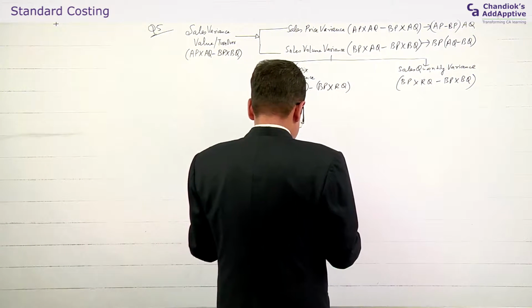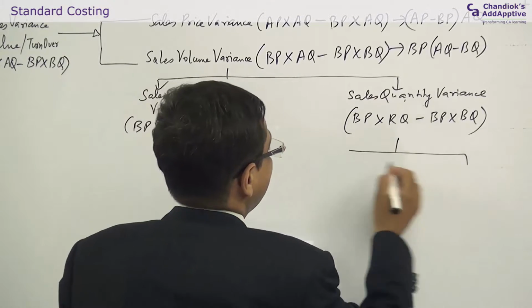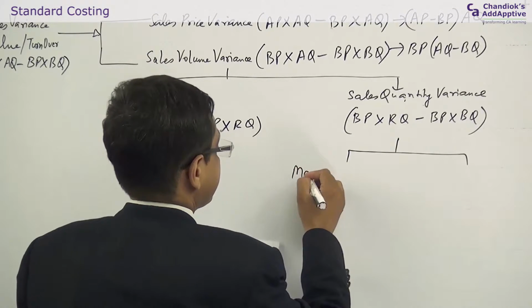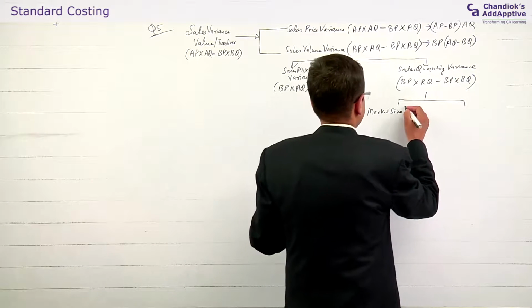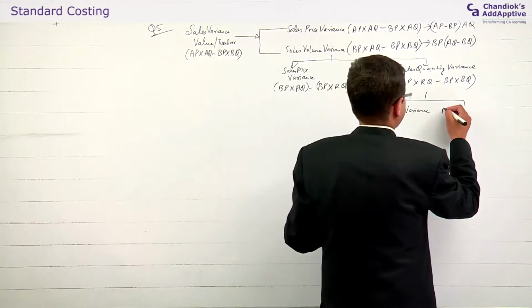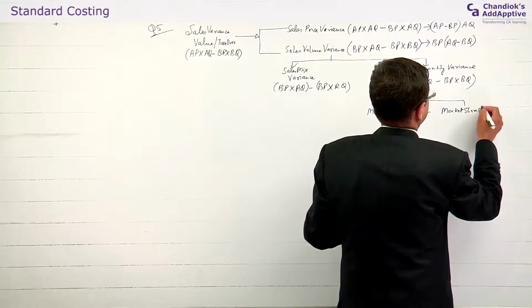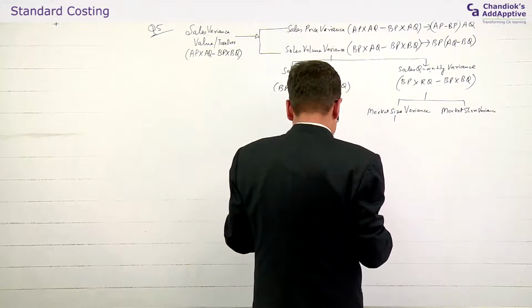After having obtained this particular thing, sales quantity variance can be further broken down into market size variance and market share variance. So, what is market size variance?